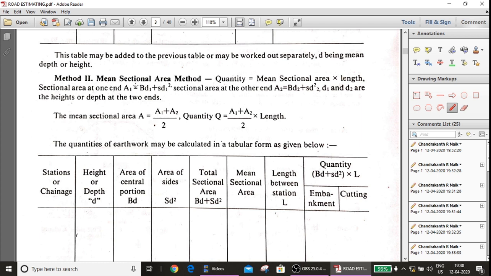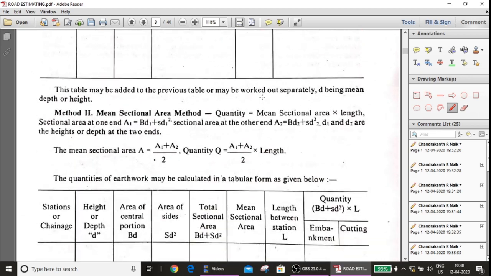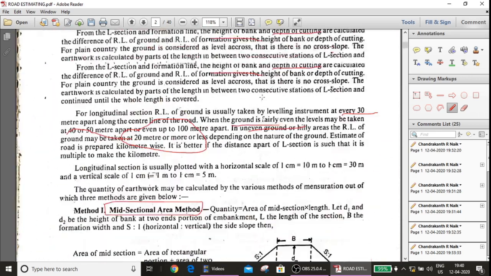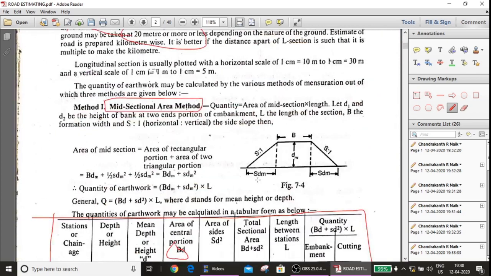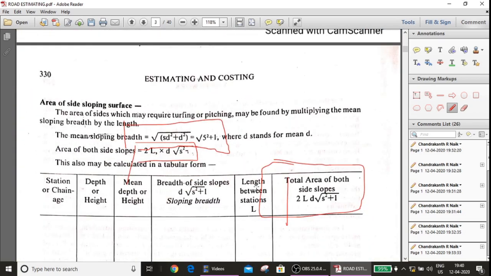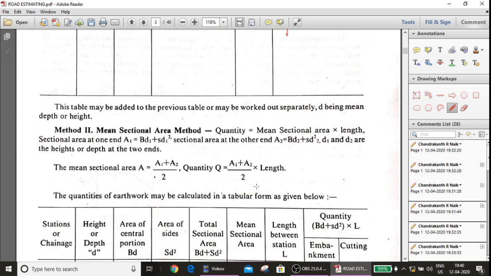Here we are taking the full area, so quantity is equal to mean sectional area into length. I told you to remember the diagram here. In mean sectional area, they are taking this one separately and this one separately, and they are combining the area. They are not taking the average of d, they are taking the average of area.